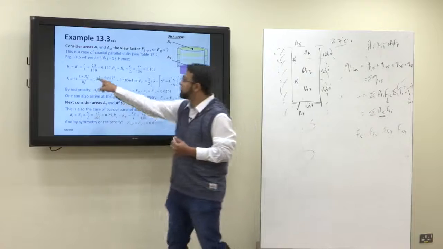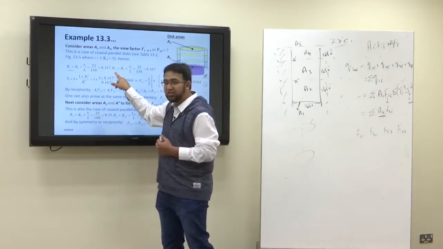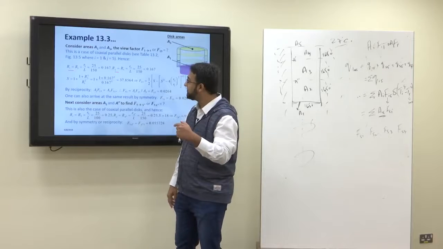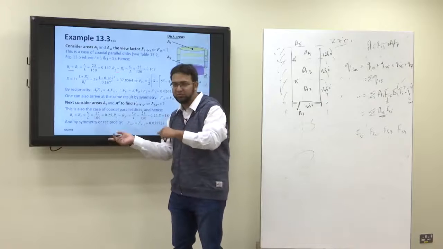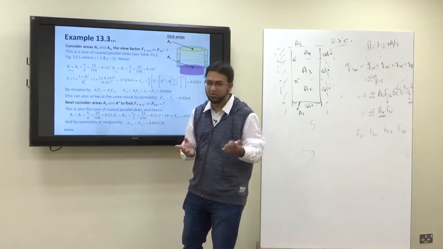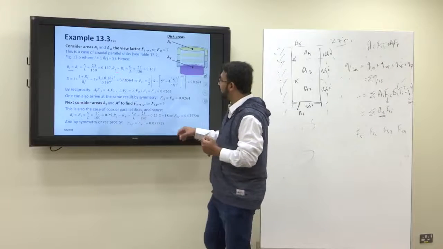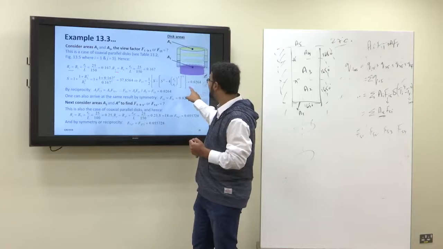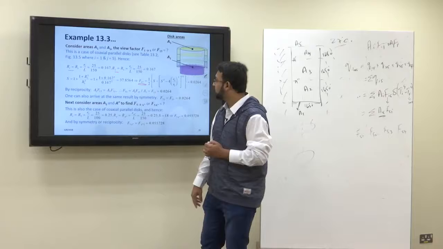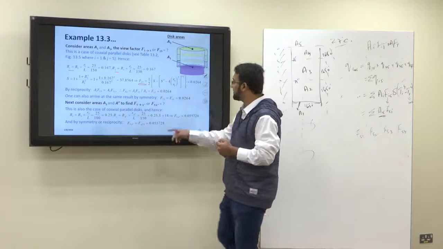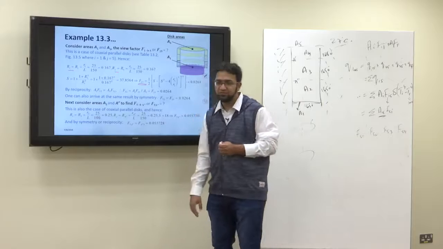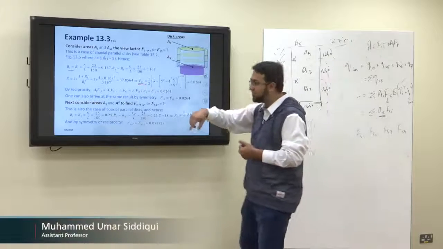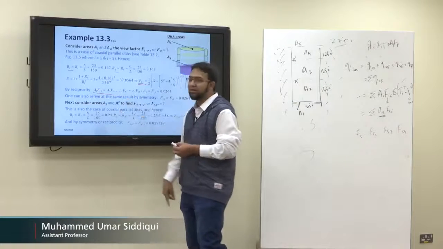For that we need to know what is Ri, what is Rj. Since we need to know 5, 1, you can determine 1, 5, then 1, 5 is equal to 5, 1. Both are okay. So substitute all the formulas and you will get F15, and you can find out F51, or you can directly find F51. Here first they find F15, then use the reciprocity to find F51.